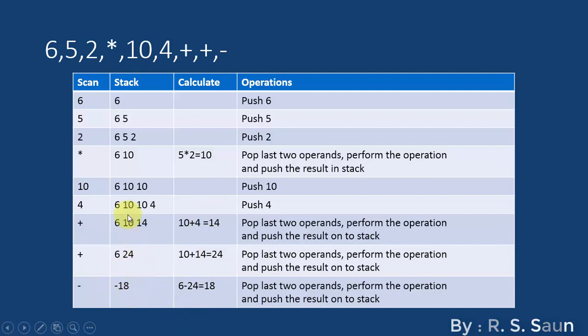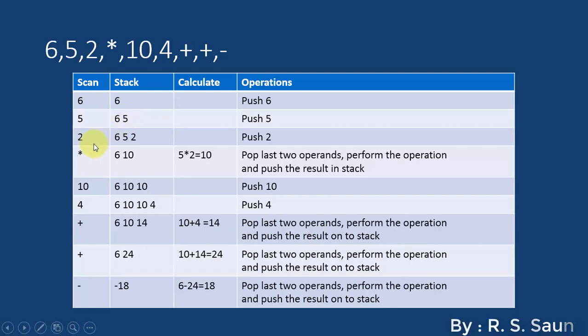So now let's get started. First of all we are going to scan the first element from E, that is 6. 6 is an operand, so it will go directly to the stack, and here you have to make 4 columns: scan, stack, calculate, and operations. So the next element is 5. We have read it and found that it is an operand, so we have to push it to the stack.